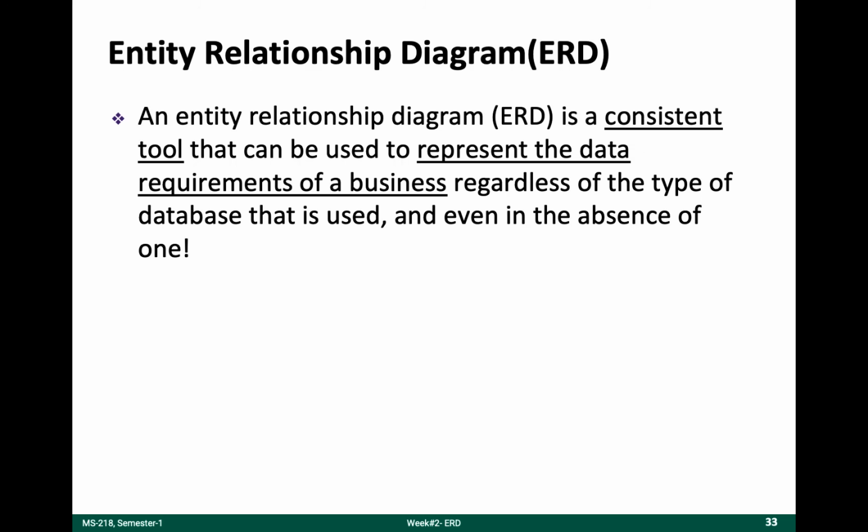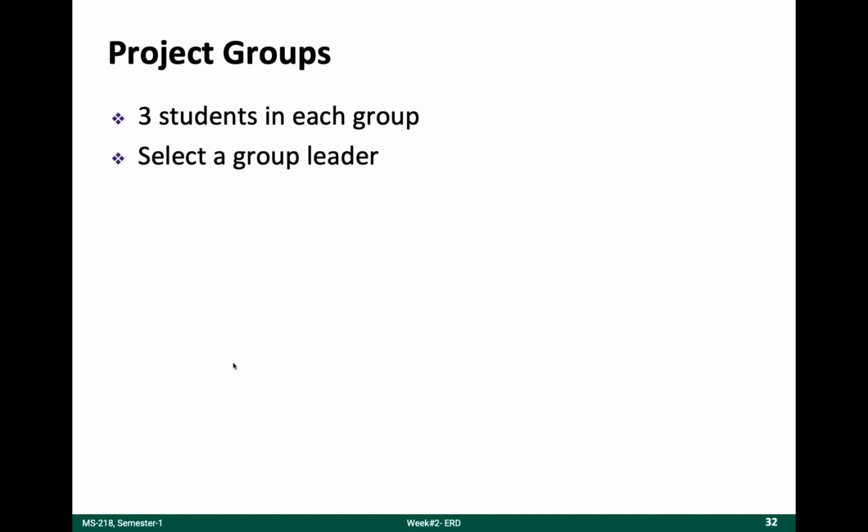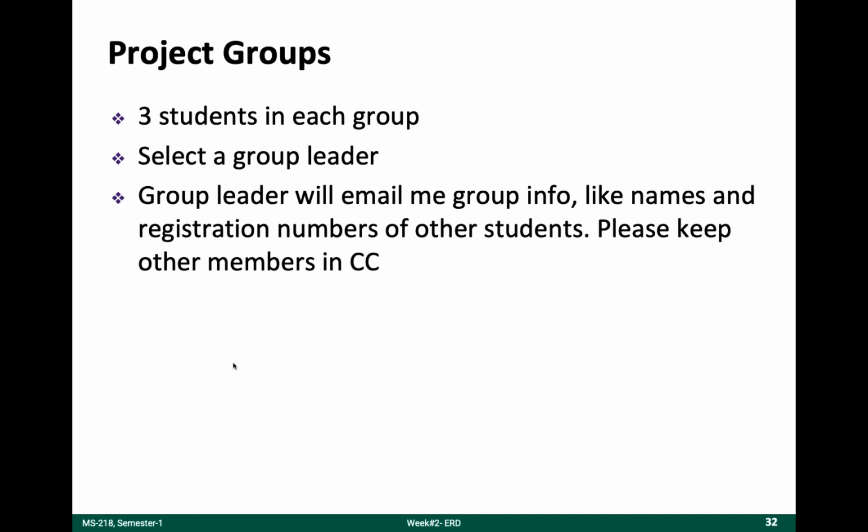So there will be 3 students in each group, and you have to select one group leader. The group leader will email me the group info, like names and registration numbers of the other students, and please put their email IDs in CC as well. Try to do this by the end of this weekend.